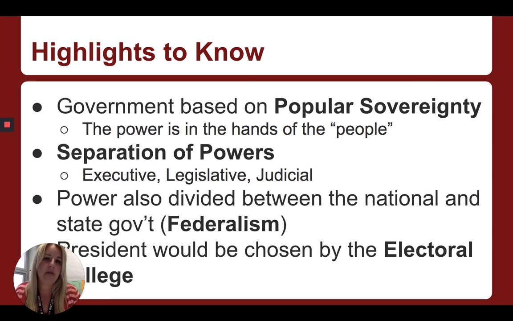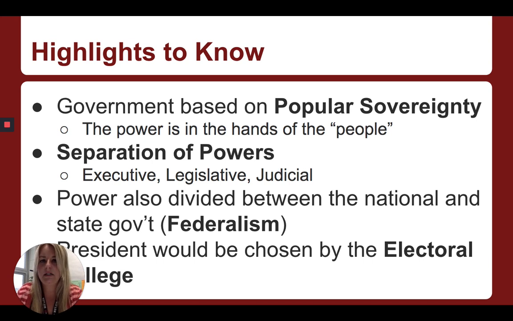Today, most states just go along with the popular vote within that state, but it's broken down as far as how many Electoral College votes each state gets. So when you watch the election coverage in November, they'll talk a lot about the Electoral College and how many votes each state gets and how that adds to the total number they need.